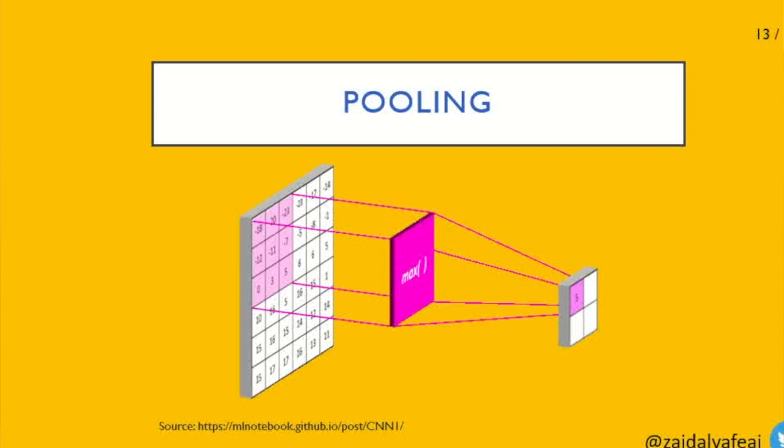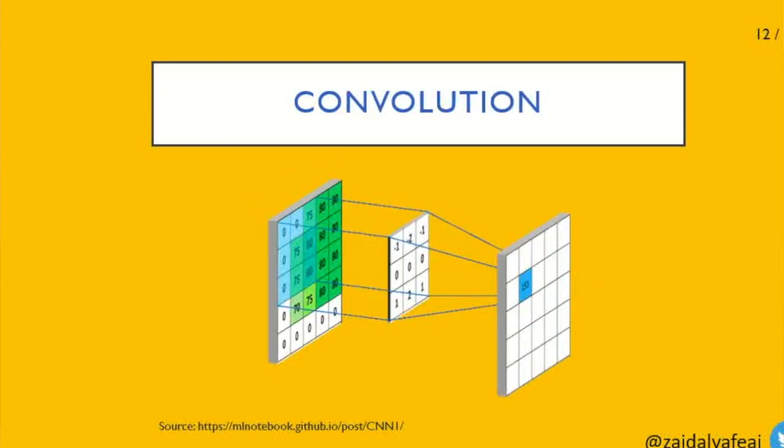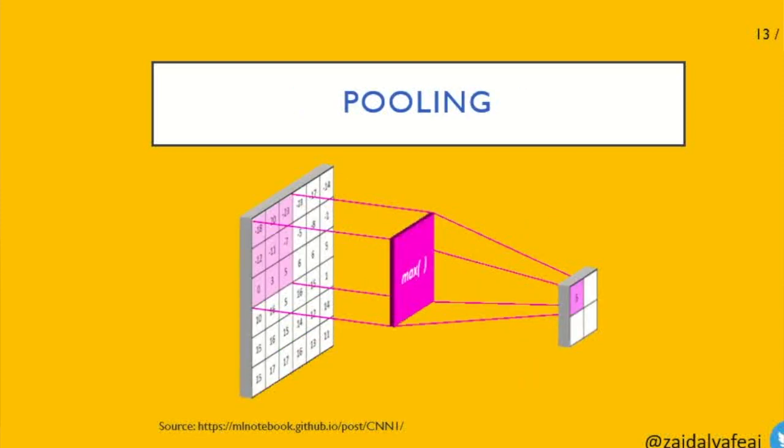There is what we call max pooling. It will take the max number that you have in each operation. For instance, the maximum number in this window is 5. So these are basically the most important layers. There are many other layers, but I don't want to go into the details of this.